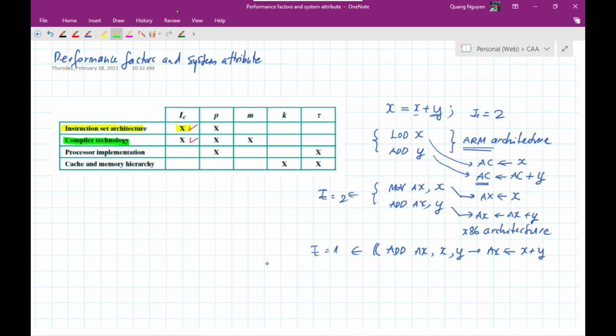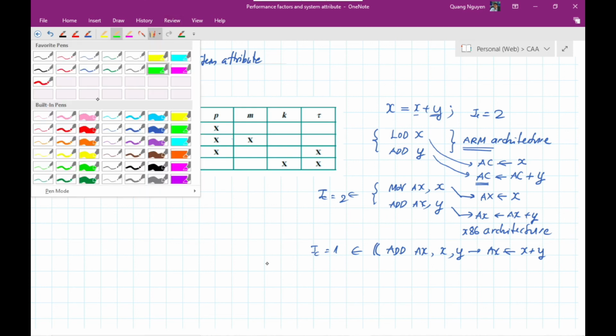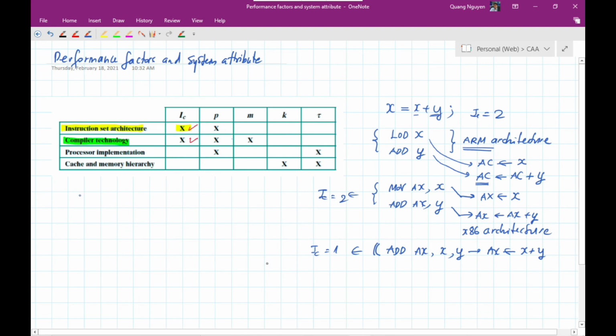For example, in our last example, as you remember, we have this program: A equals 1, B equals 2, and C equals 3. If X equals A plus 5, else X equals B plus 4. And lastly, we have C equals X plus 1.